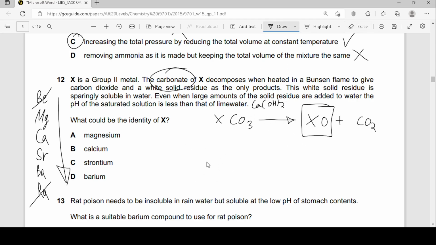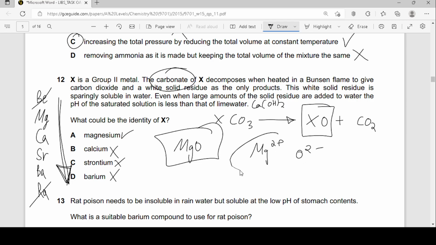Nevertheless, the point is that the solubility increases down group 2, right? So calcium, strontium, barium are out because MgO has a very, very strong lattice, doesn't it? Because Mg2+, O2-, and Mg has a very high charge density. Charge density is charge over size, and the charge density for magnesium is much greater than for barium, which has the same charge but a bigger ion, which means the charge density is lower for barium.